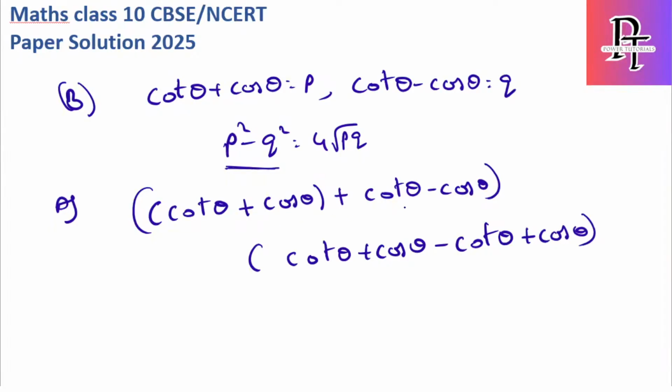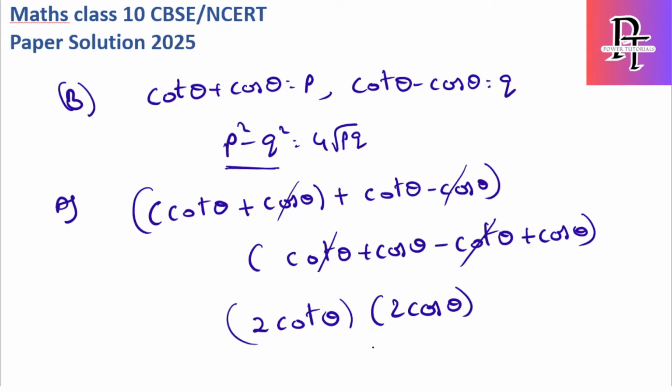Here cos gets cancelled out, and here cot gets cancelled out. So simply I will get 2 cot theta into 2 cos theta. So I got the LHS as 4 cot theta cos theta. Let's keep it somewhere as LHS.